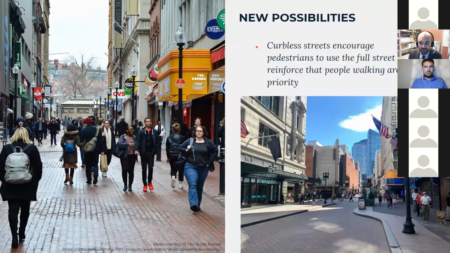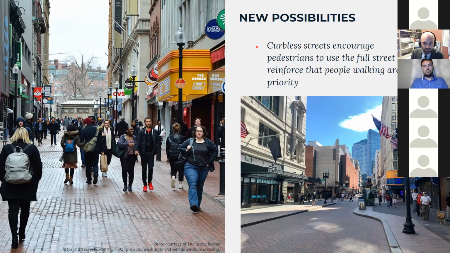So as we've said, some of our thinking that we want to get your early feedback on is how you feel about curbless streets, that can encourage pedestrians to use the full street, where the streets are pedestrianized, and then on the shared streets, to reinforce for drivers that there are people walking around and that they're the priority user in this particular district.